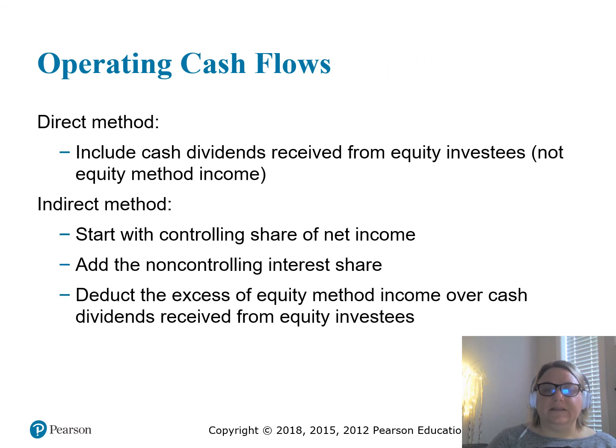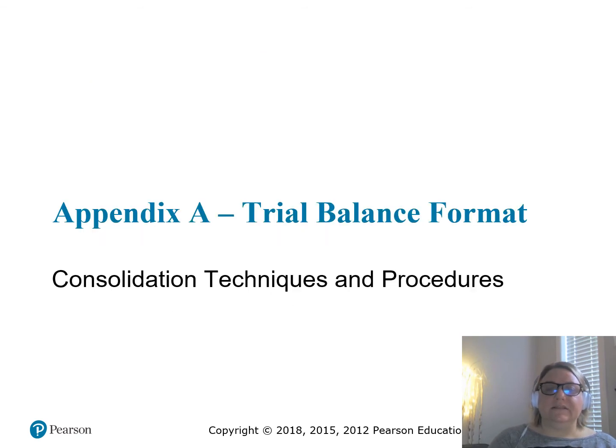We have direct and indirect method. So the direct method, we include cash dividends received from the equity investees, but not the equity method income. And then the indirect method, we start with the controlling share of the net income, add the controlling interest share, and then deduct the excess of the equity method over the cash dividends received from equity investees.